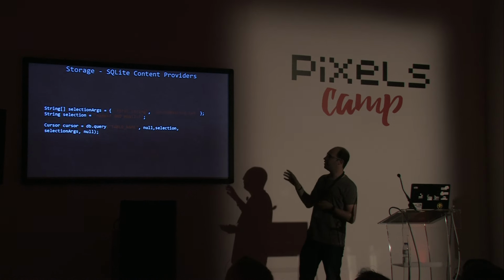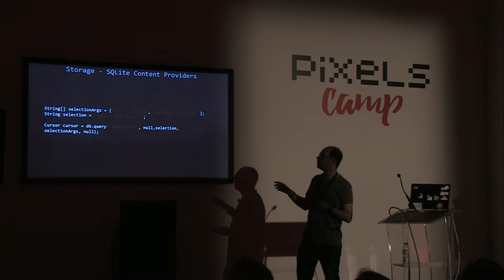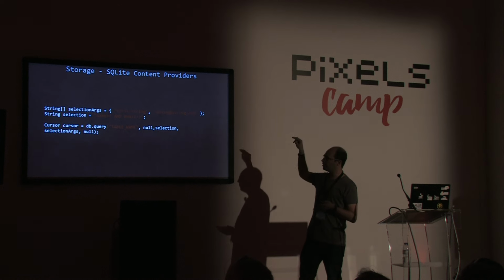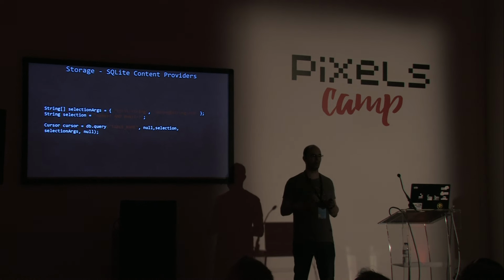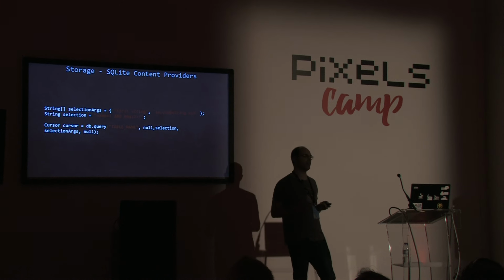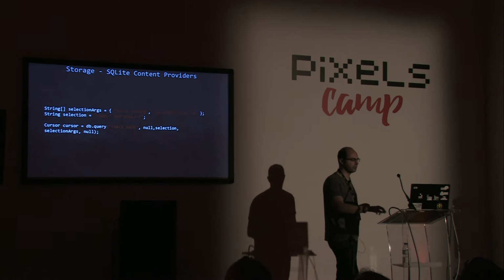This is going to be used by order. So you define on the selection the name of the fields and the placeholders, and they are going to be filled in the same order that you create on the selection argument. So when you pass this to the query, it's going to respect that. This way you are going to prevent SQL injections if you are receiving some kind of input from the user.